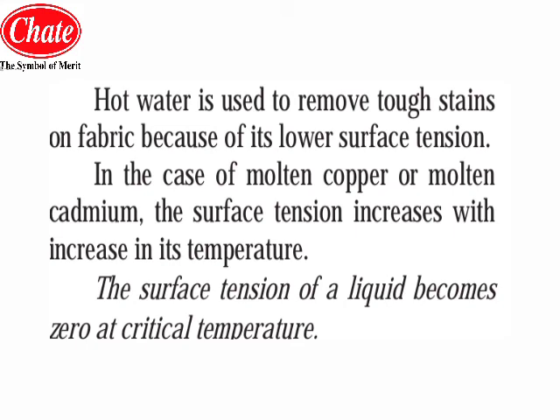Thus we can say that the surface tension of a liquid becomes zero at its critical temperature. So this is the conclusion about the effect of temperature on surface tension.